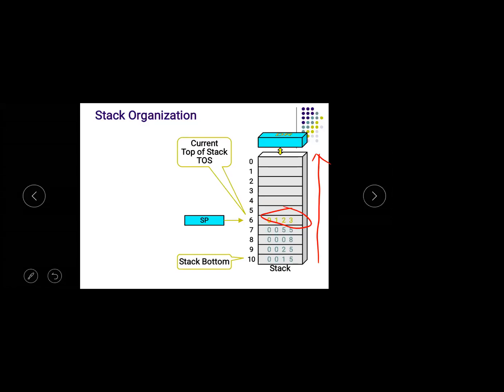The address of the register in which the top element is present, here 6, will be in the stack pointer. The stack pointer is the address register for the stack, just like the address register for memory. It works in a LIFO, last in first out, manner.